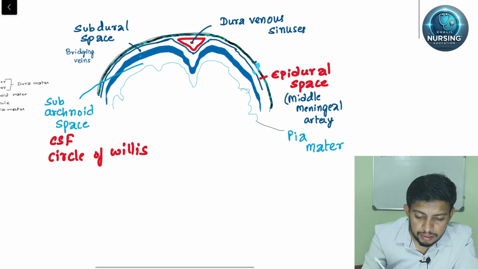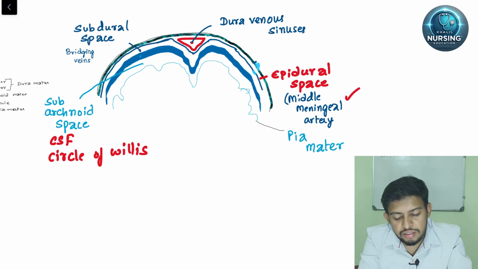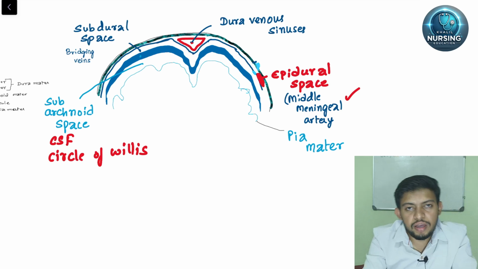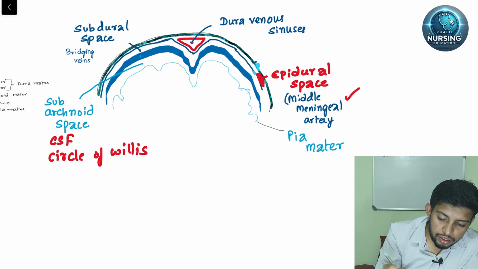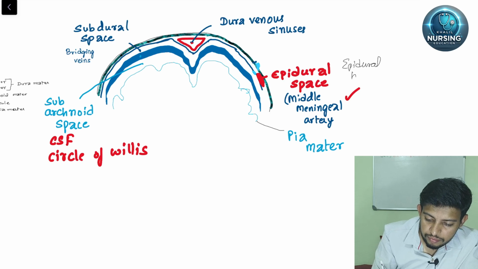Now, if there is any break in the meningeal artery, it will cause bleeding in this space, and that bleeding is called epidural hematoma.